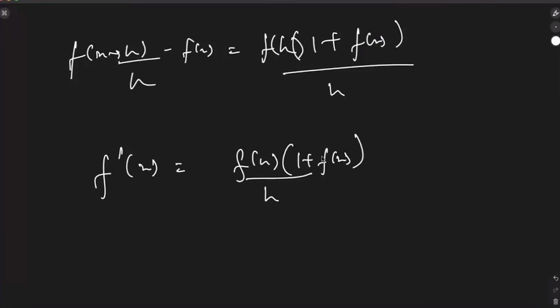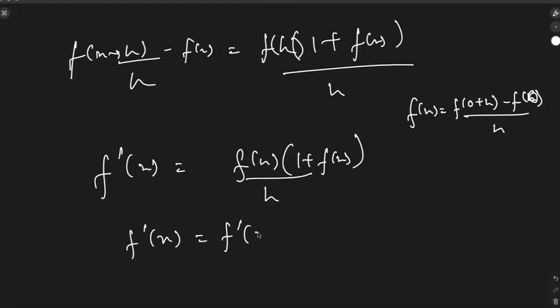What is f(h) upon h? It is nothing but f(0 plus h) minus f(0), divided by h. This is the same thing, so this is f dash 0. So f dash x is equal to f dash 0 into 1 plus f(x).